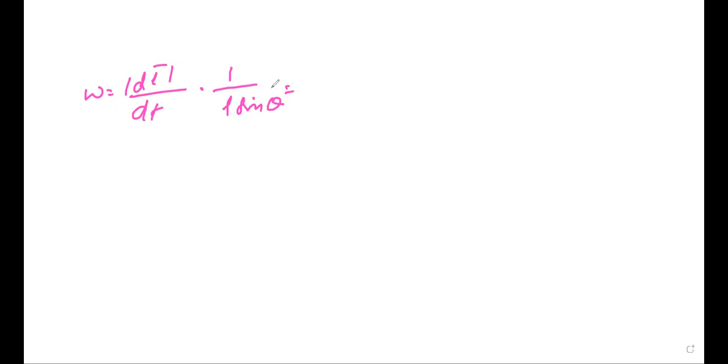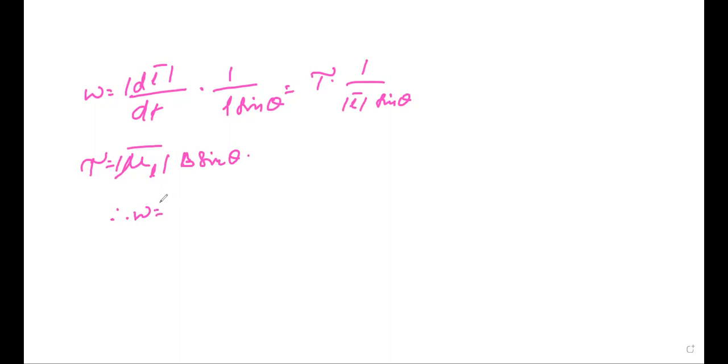dl by dt means tau, into 1 by modulus of L sin theta. Then tau is equal to modulus of mu L bar into B sin theta. Therefore omega is equal to mu L bar B sin theta by L sin theta.